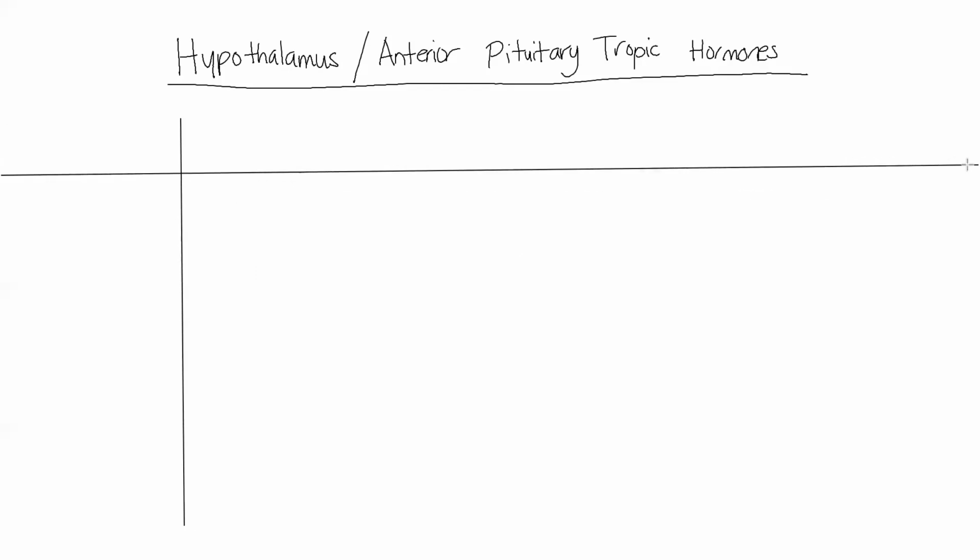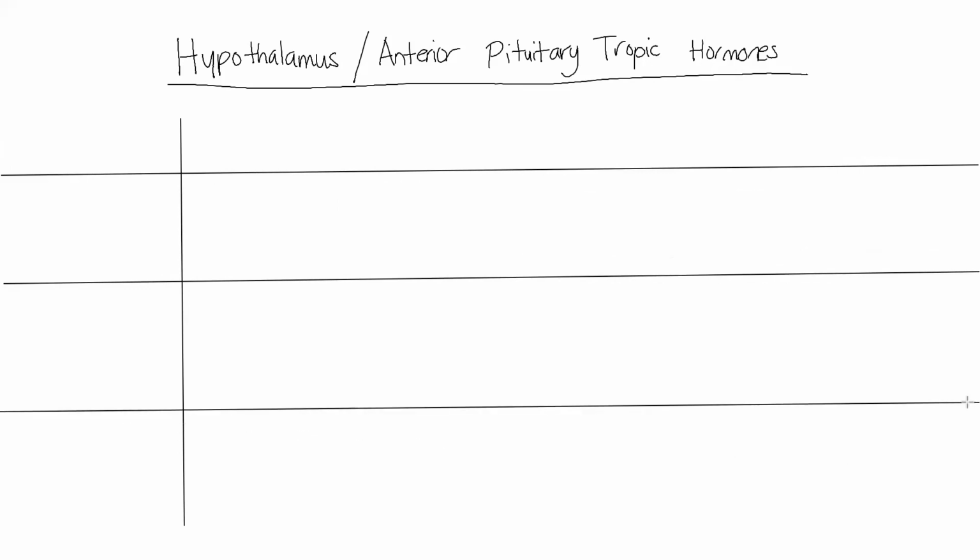And then we'll talk about the 3 different divisions, so to speak. All right. So first off, we've got the hypothalamus over here. We've got the anterior pituitary. And then we've got the endocrine glands themselves.